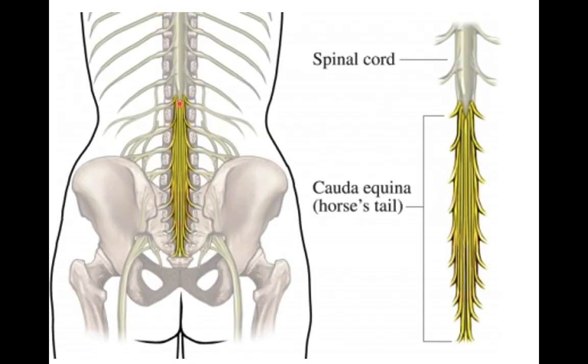So this is the end of the conus medullaris, or the end of the spinal cord. Below that we have only the tuft of nerve fibers, the spinal nerves. These are together known as cauda equina.